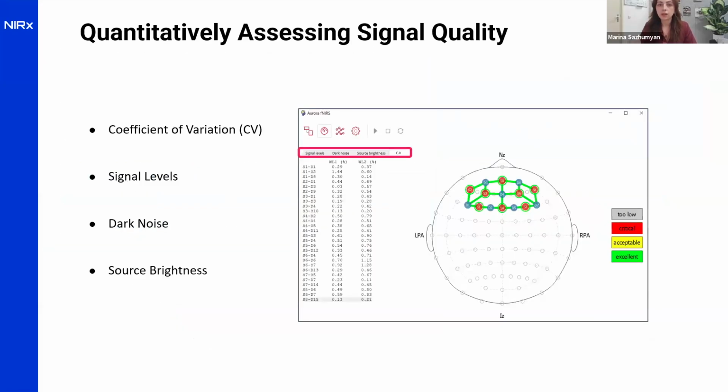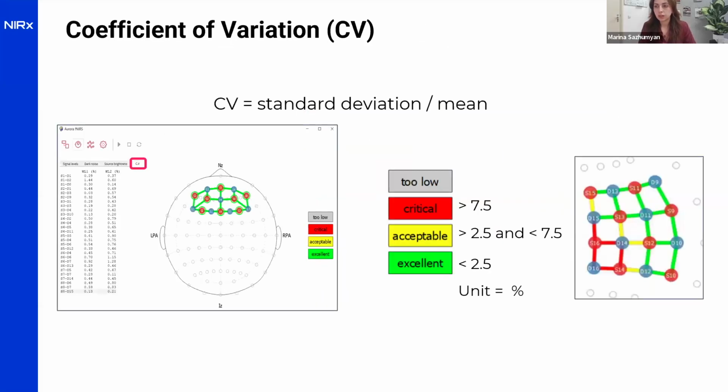And the way that Aurora quantifies the signal quality is done through the given four metrics, which you're already, I assume, well familiar with. It is the coefficient of variation, the signal level, dark noise, as well as source brightness. But let's just go over each feature quickly.